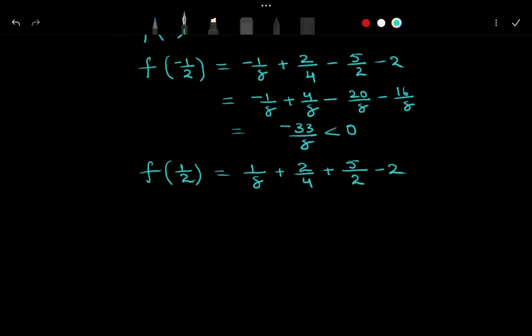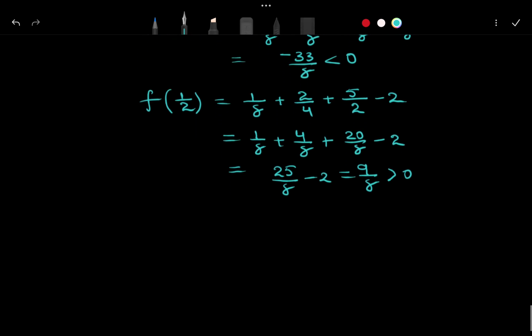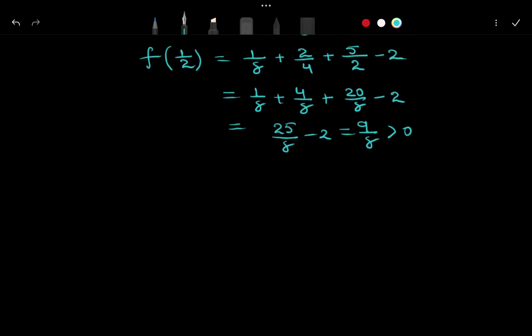Taking the LCM, 1 by 8 plus 4 by 8 plus 20 by 8 minus 2. So this is 25 by 8 minus 2, that is 25 minus 16, which is 9 by 8. It is also positive.